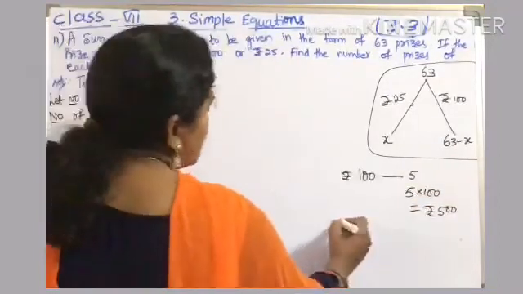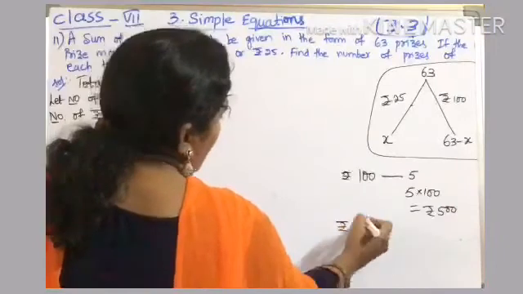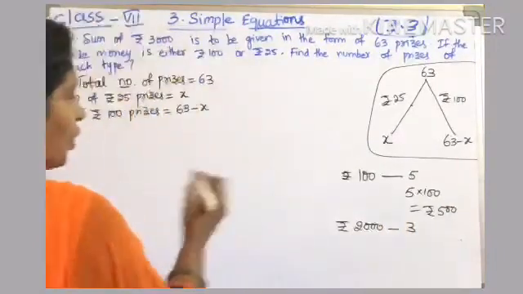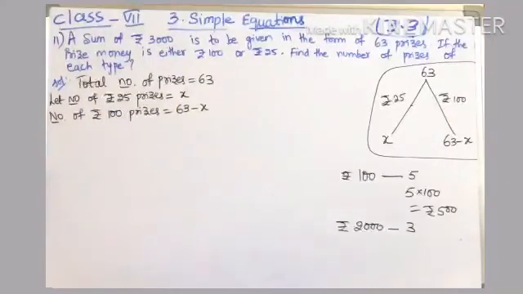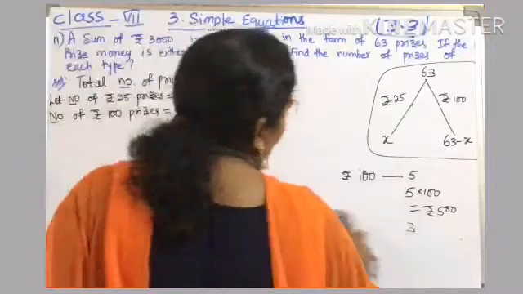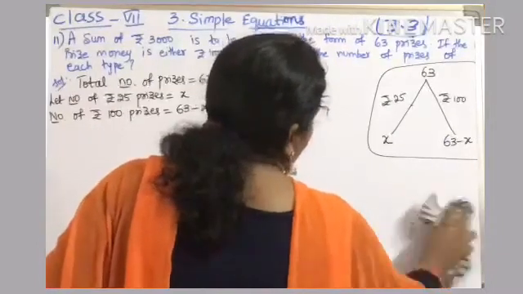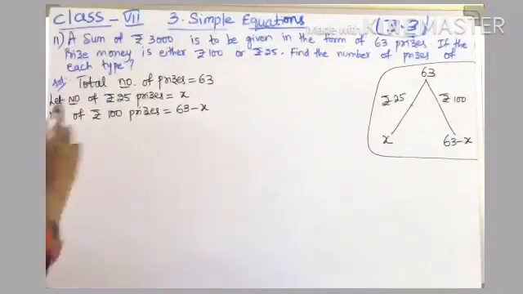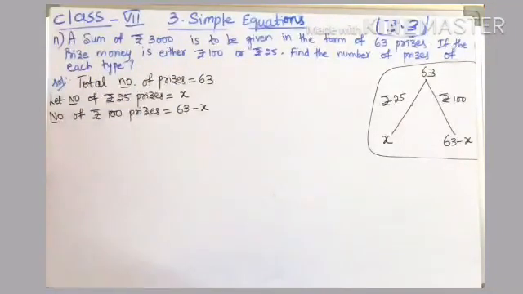Suppose in your purse there are 2000 rupees notes, 3 notes. So what is the value of the 3 notes of 2000 rupees? 3 into 2000, how much do you get? 6000. Similarly, we have to find the value of the 25 rupees prizes and the value of the 100 rupees prizes here.